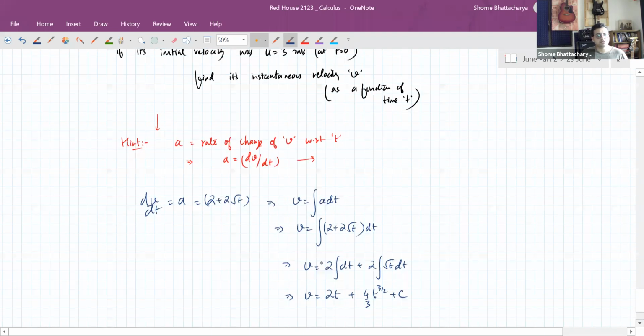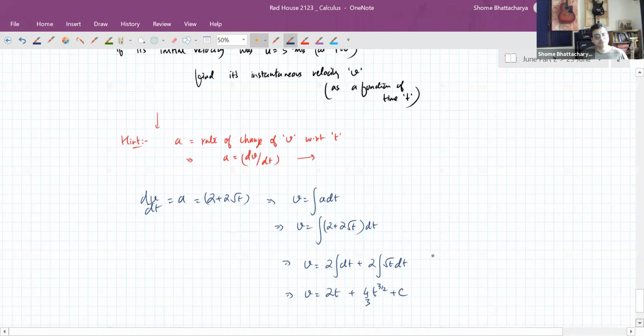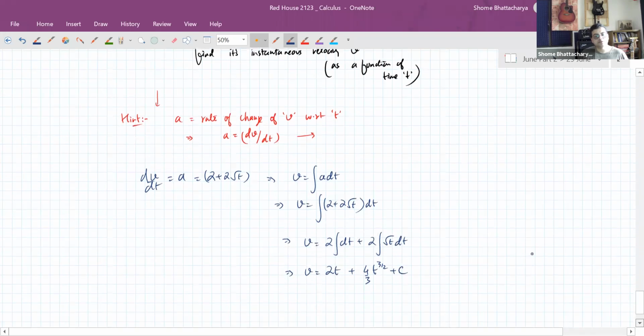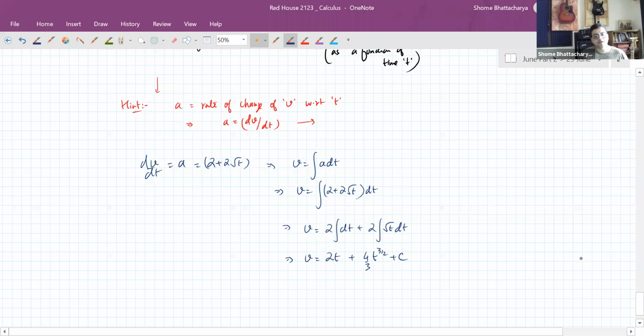Now we have to find the unknown constant. So this is v such that u was given to us as 3 at t equal to 0. So substitute that. So 3 should be equal to... so the value of the constant of integration is 3.